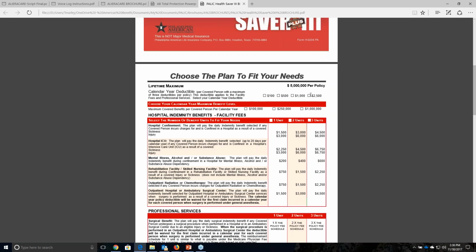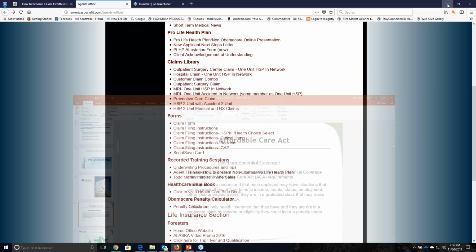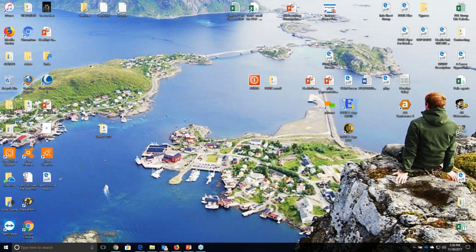We always recommend the $2,500 because most people don't have inpatient hospital stays or surgeries. You have a calendar year max of $100,000, $250,000, or $1 million, and you can choose that all on the chassis when you're taking your application, which I'll pull up as soon as I get through all these screens.